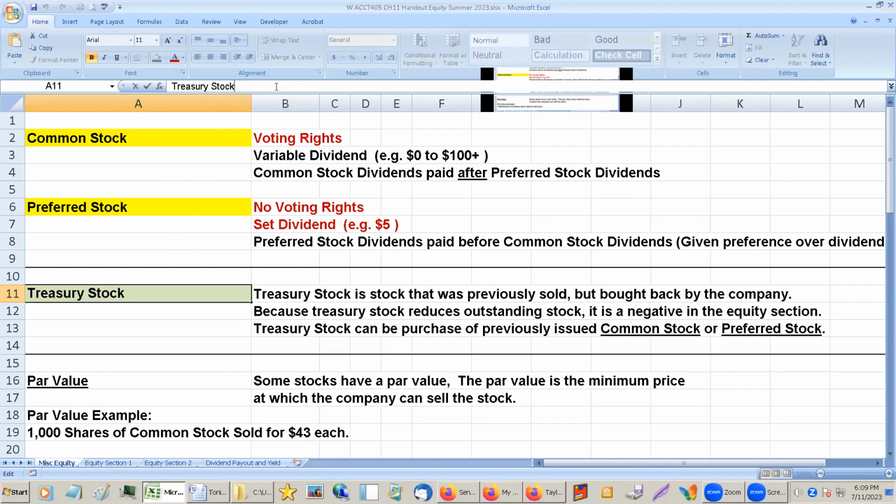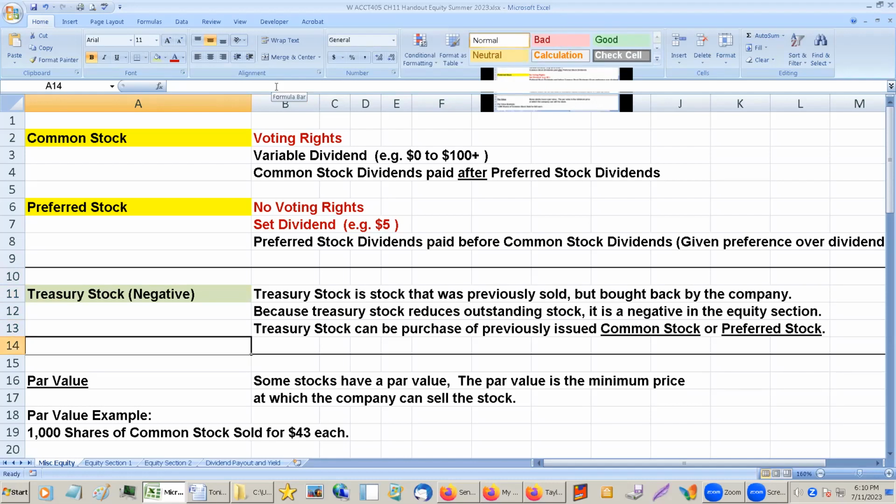It's going to reduce the amount of ownership. We're buying back our stock from previous owners, so we have fewer owners now. And again, it could be preferred or common stock, but it's stock that we're buying back.